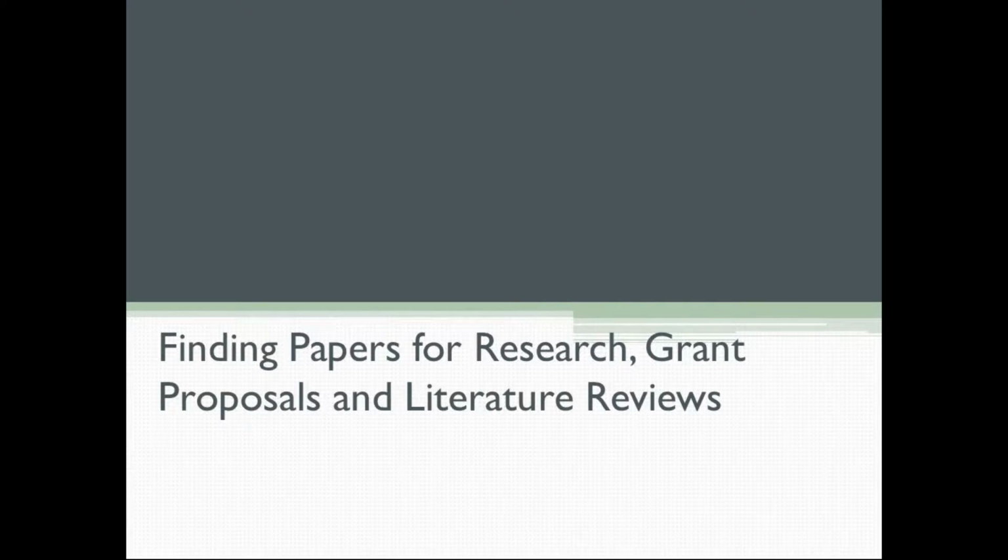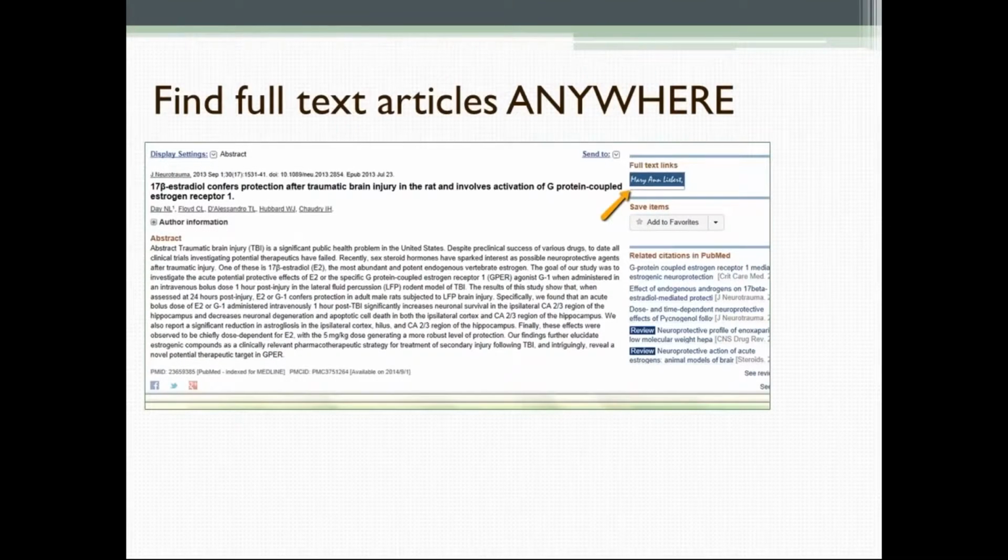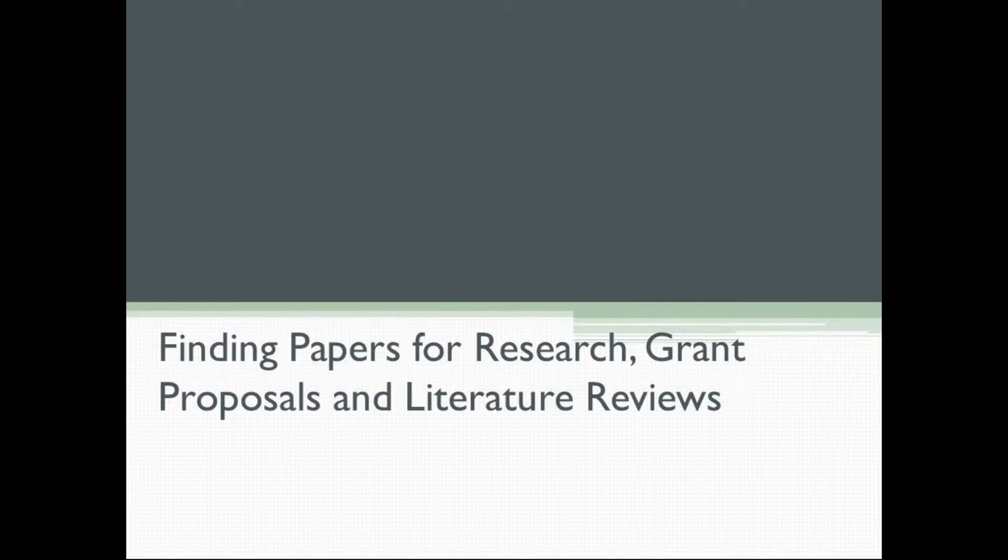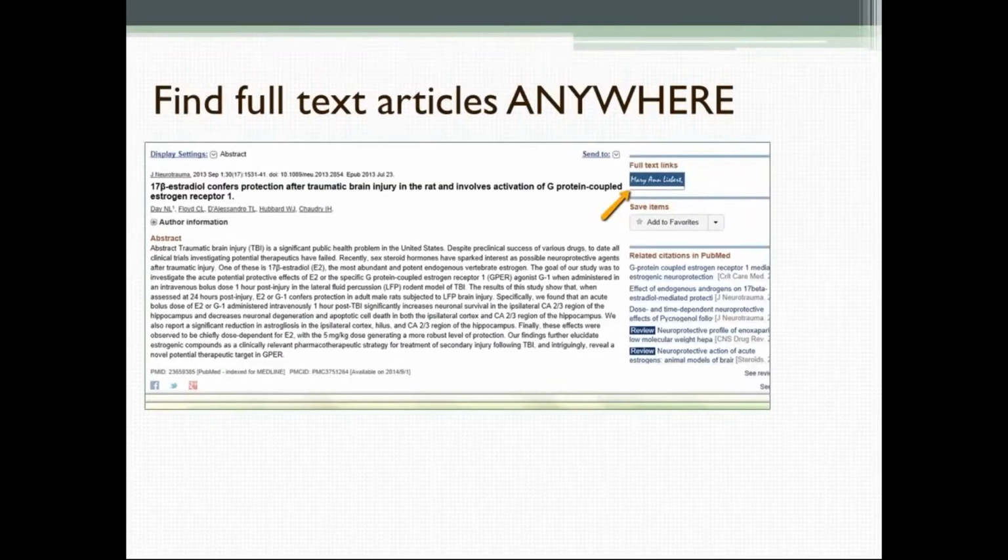Okay, we're going to shift gears now and talk about finding papers for research, grant proposals, and literature reviews. For these types of papers, you're looking in a different way. You're going to start looking at databases, and then you're going to filter. If you want something like systematic reviews, you're going to look at the entire body of literature and then pick out things like that that you want.